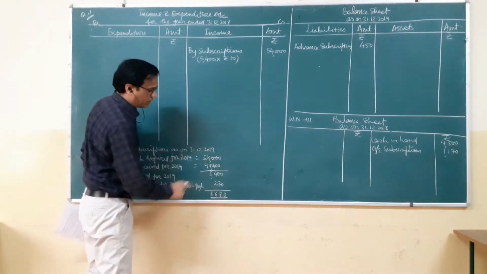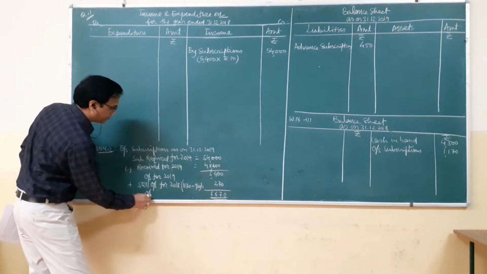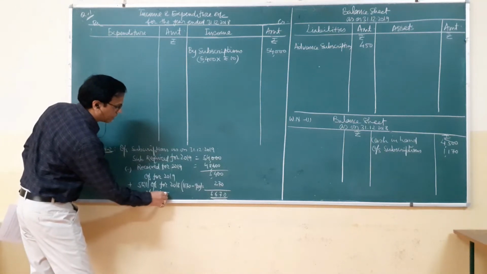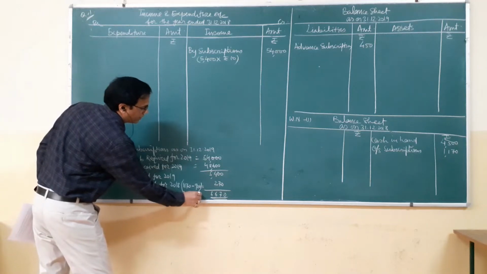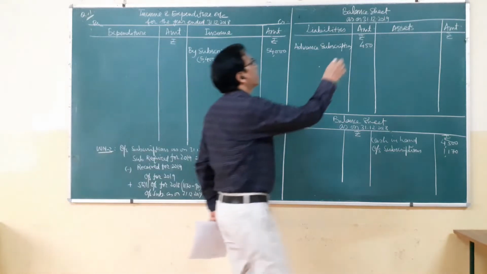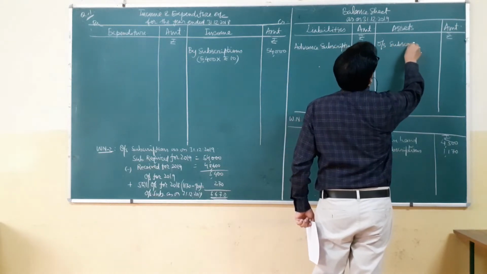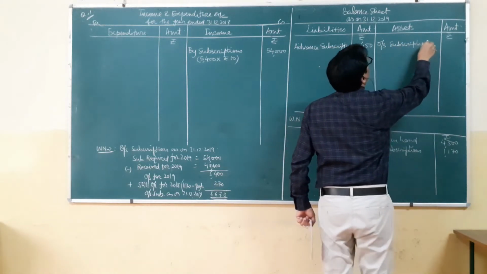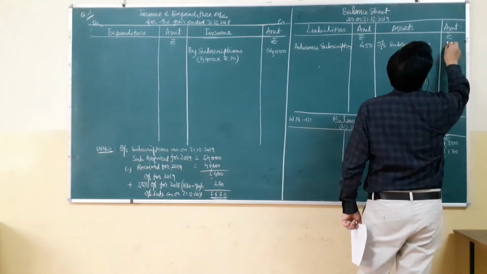So 270 is still outstanding. So 5,670 is outstanding subscription as on 31st December 2019. This we will take here, outstanding subscription, 5,670.